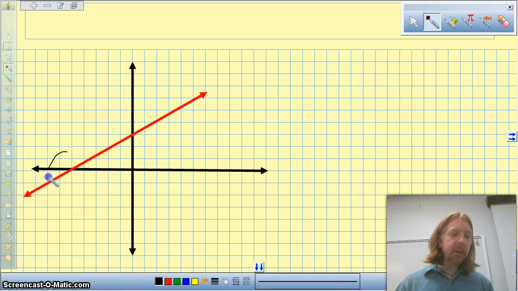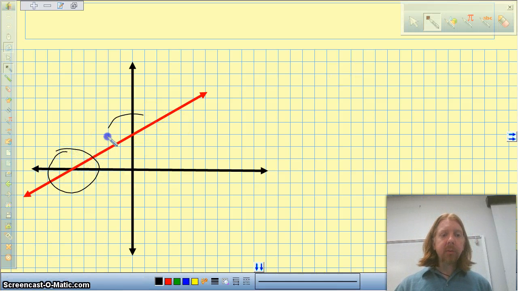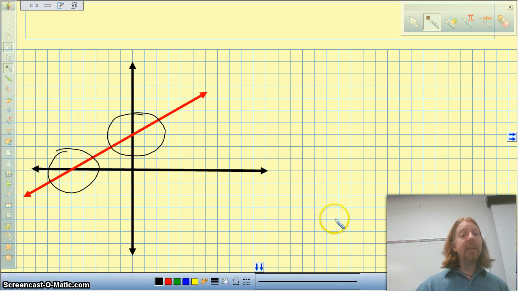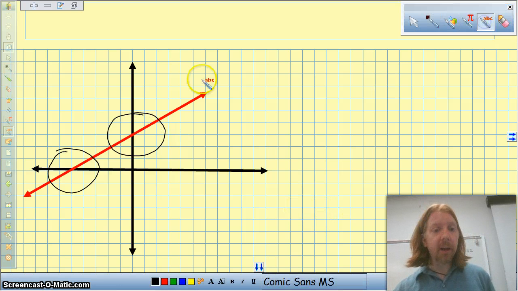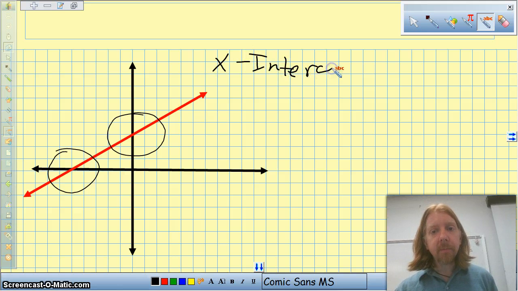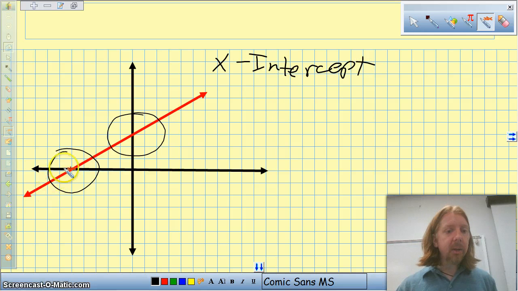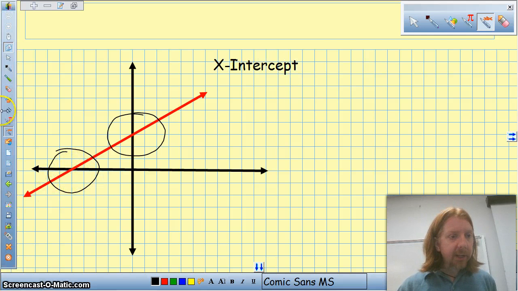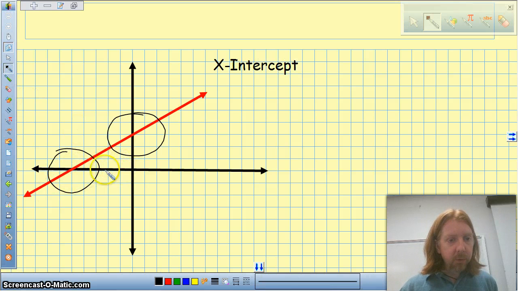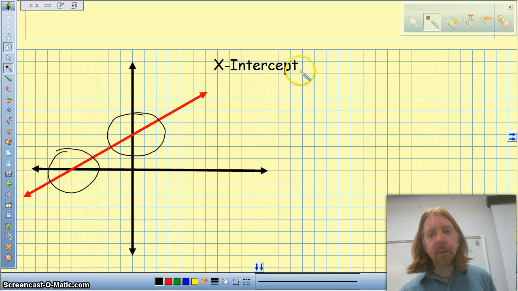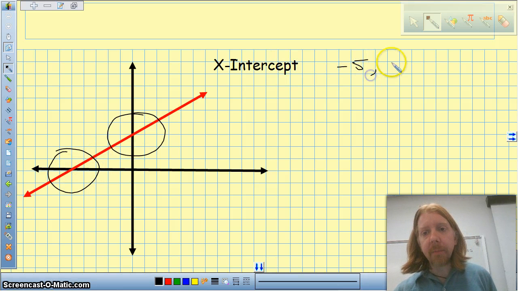Well, the intercepts are the places where the line crosses the axis. In this case, the x-intercept is going to be down over here. If I count off that point, 1, 2, 3, 4, 5, it is -5, 0.